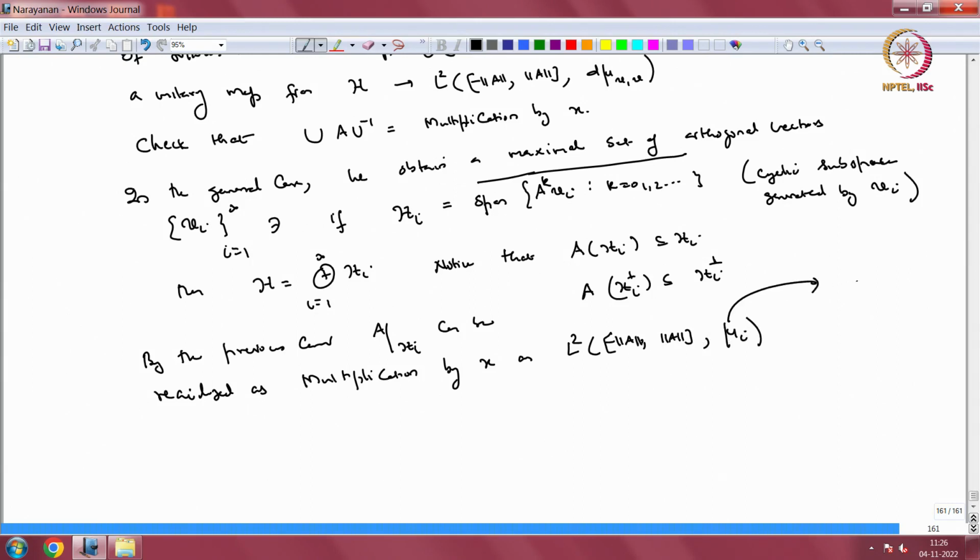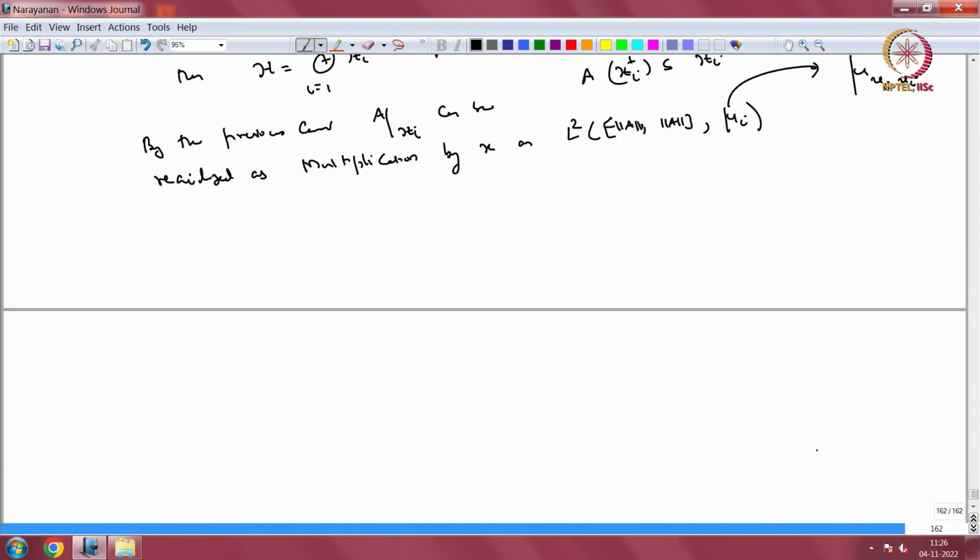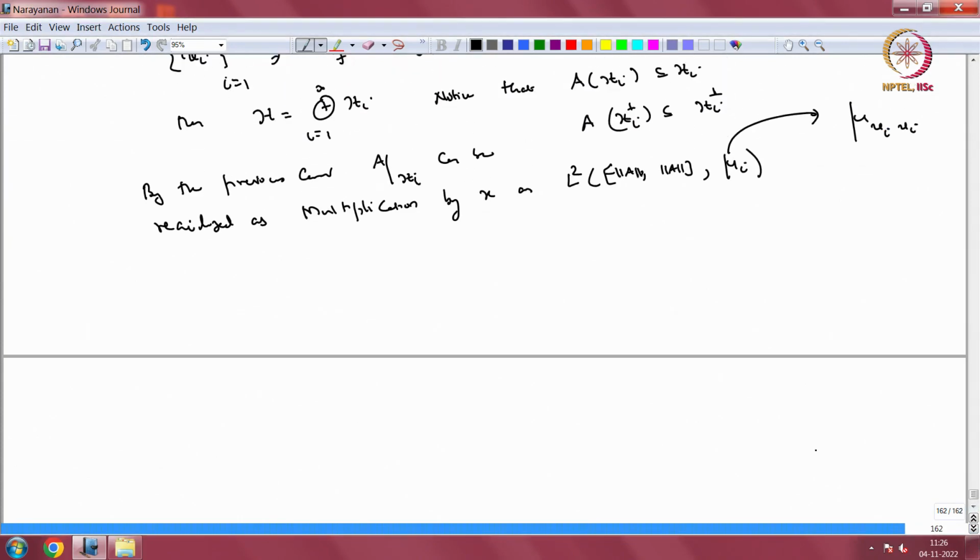So, what is this measure mu i? That is, in our notation it is mu Vi, right. That is the ith cyclic vector, and you take the corresponding linear functional and construct the measure, right. So, on that subspace we can realize our operator as multiplication by x.